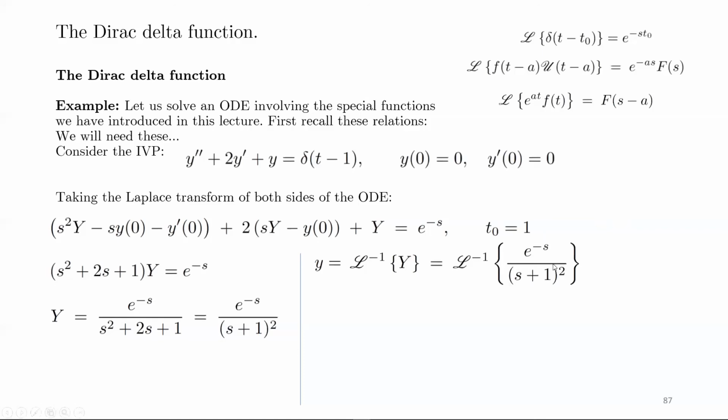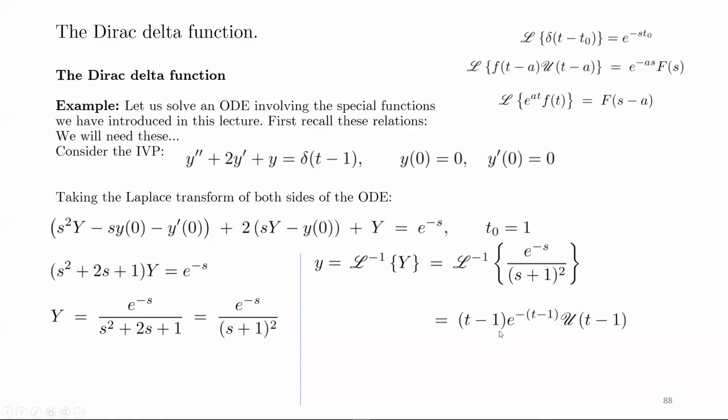Okay, but I do have this negative s, so I should use the second translation theorem as well. So whenever I see f of t, I have to replace the t with t minus a. So in fact, instead of t times e to the negative t, I'm going to get t minus 1 times e to the negative (t minus 1). And then, of course, multiplied by my unit step function.